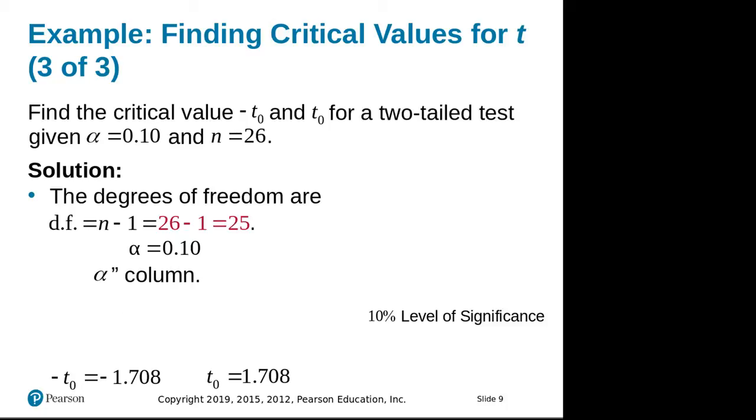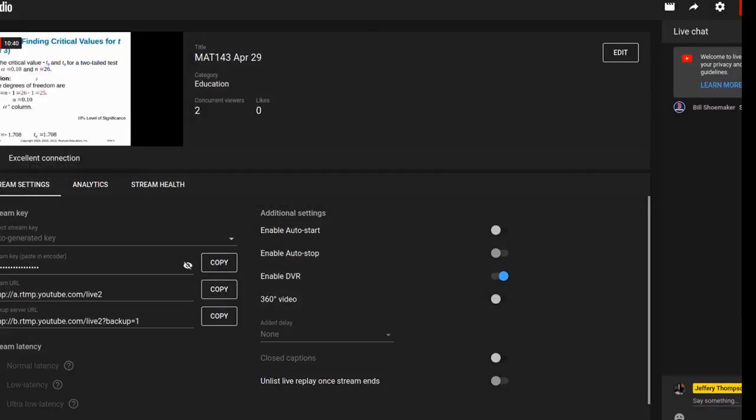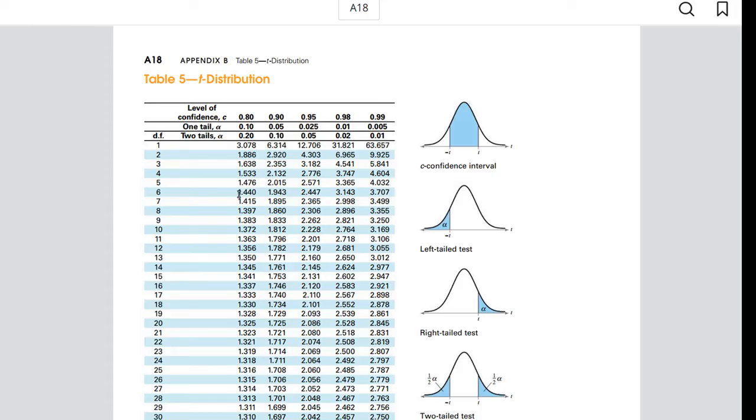So let's come back. So I'm at a two-tailed test with a 0.10 level of significance, or alpha value. And I had 26 samples, which makes me have 25 degrees of freedom.